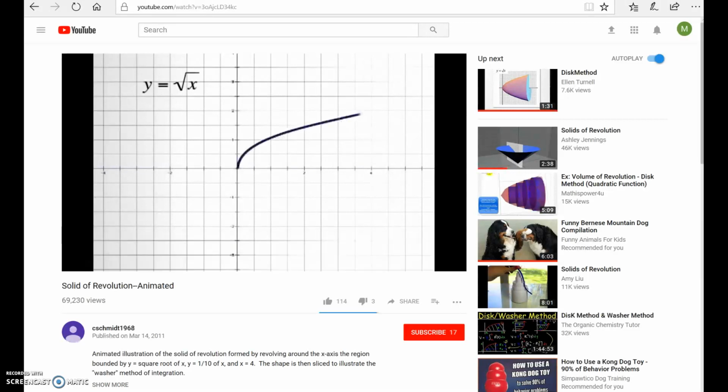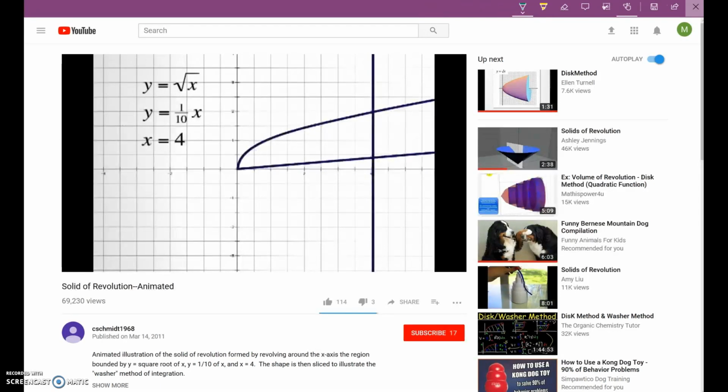Okay, good. So here we have the function y equals the square root of x, and we are going to choose a portion of it. And then this other line here, y equals 1/10 x, and then we're going to cut off a region at x equals 4. So this shaded region, we're now going to spin around.